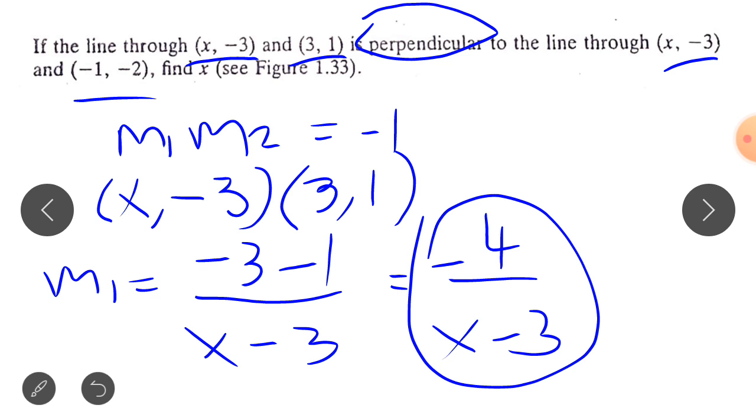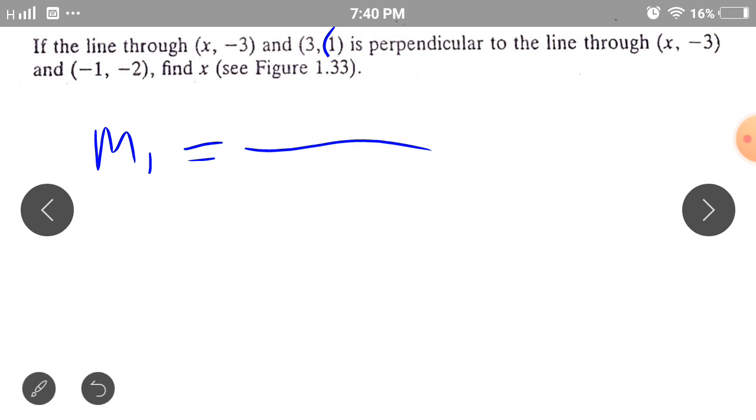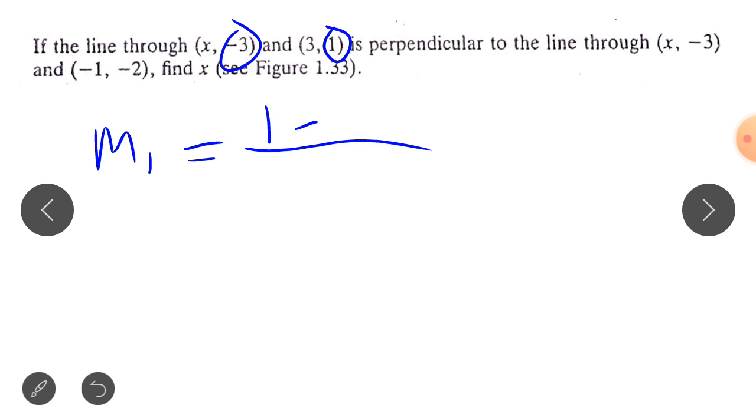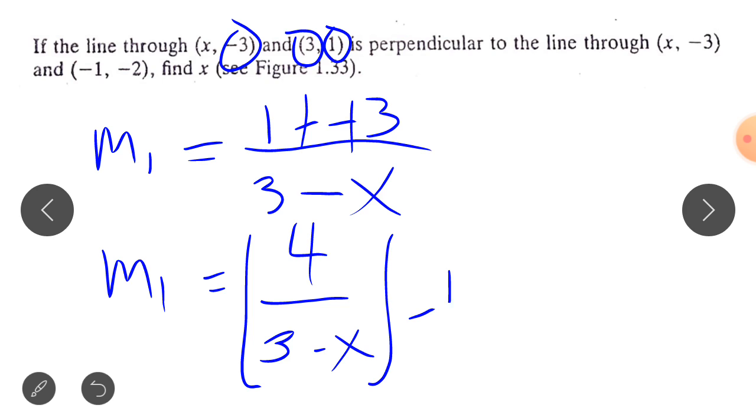We do this to avoid more complications, because if we do it like we always do, y sub 2 minus y sub 1, it becomes 1 minus negative 3 over 3 minus x, so plus plus, 4 over 3 minus x. To fix this, we have to multiply all by negative 1.